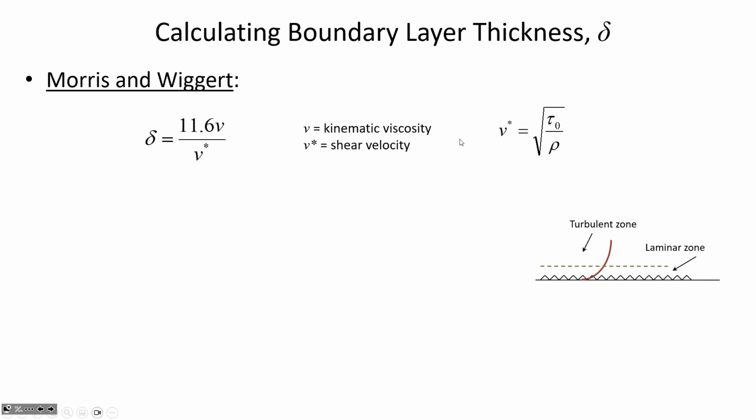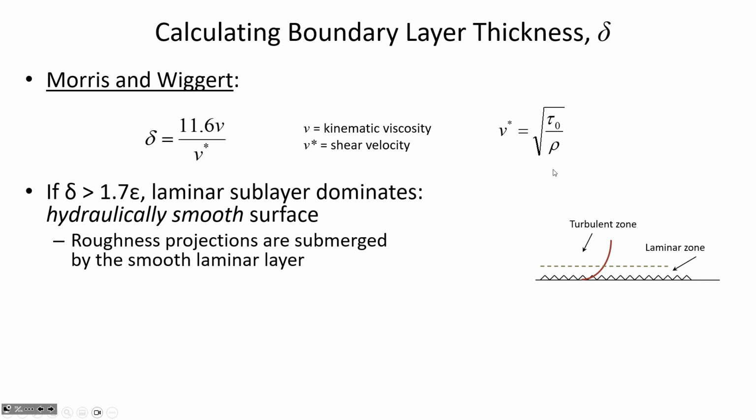And remember, shear velocity depends on the shear stress and the fluid's density. According to the Morris and Wiggert criteria, if you calculate and find that it's greater than 1.7 times the equivalent sand grain roughness, then the laminar layer dominates, meaning that we have hydraulically smooth conditions.